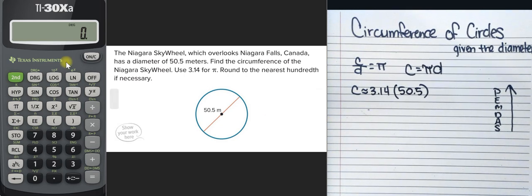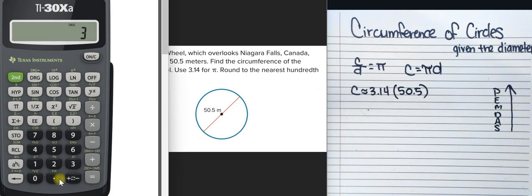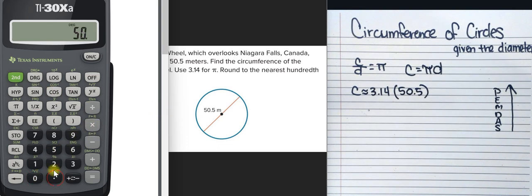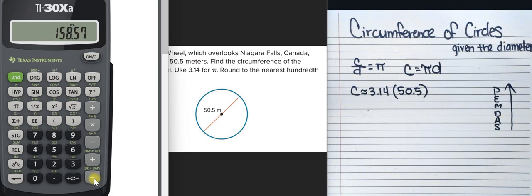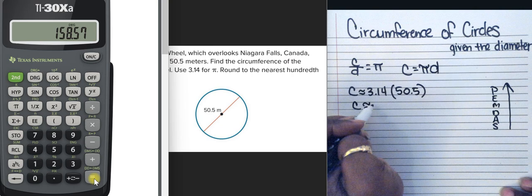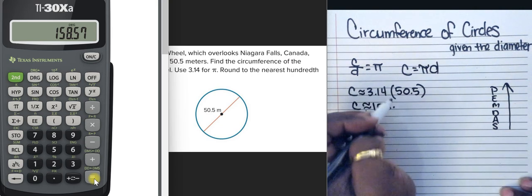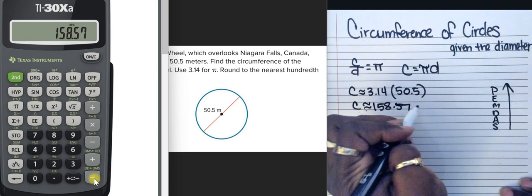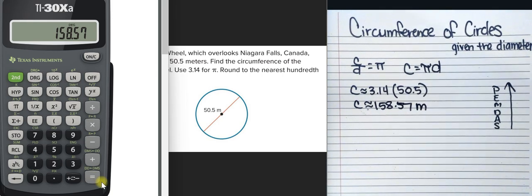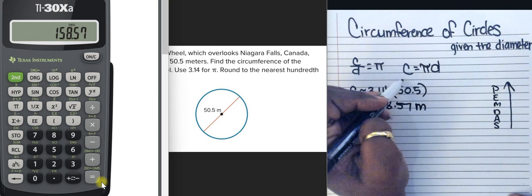So I'm going to multiply 3.14 times 50.5. I'm going to also show you another key that you can use. And that is going to give you the circumference is approximately 158.57. And what was the units that we were using? Meters.